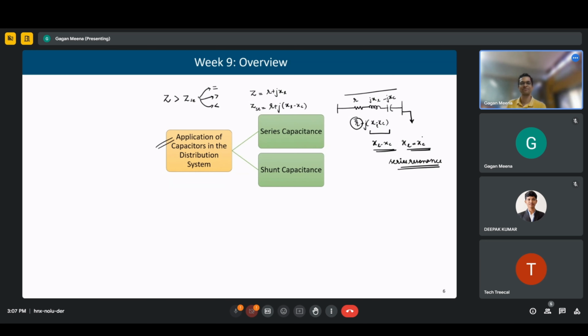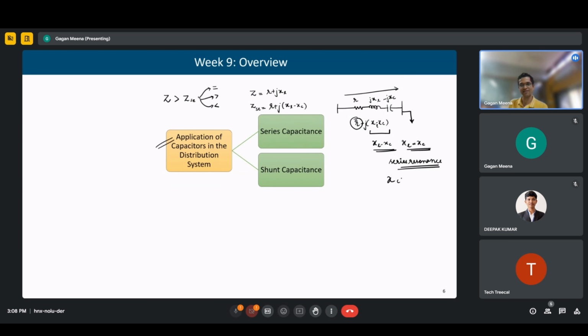That is why this value of capacitor will result in only active power in the distribution line. So active power losses and the load will be consuming active power, and the reactive power will be supplied by the series capacitor.